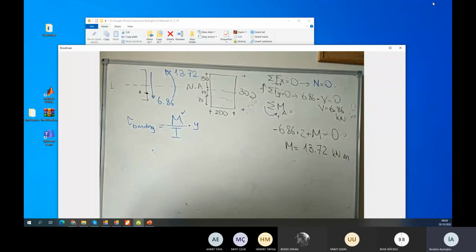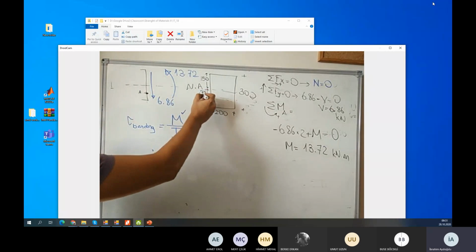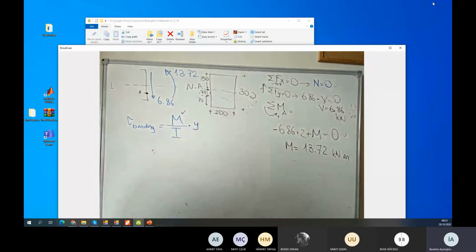What does y mean? Do you remember, can you explain in Turkish or in English? It doesn't matter for me. What is y? Y is the distance. Distance of what? Distance between the point A and the neutral axis. Which distance will we take? This distance. What is this distance? 75.